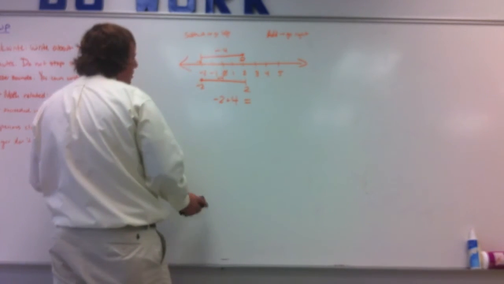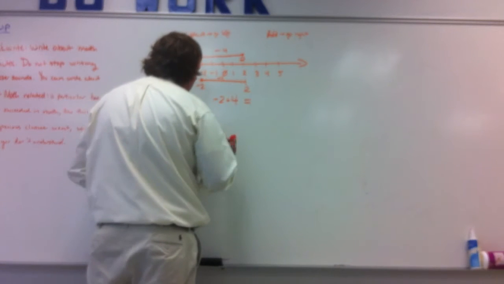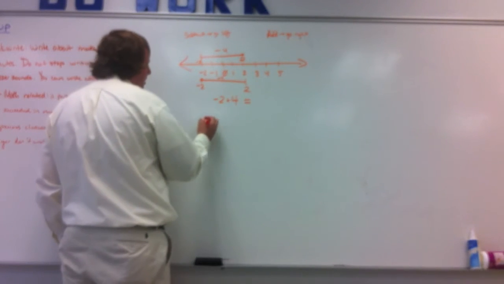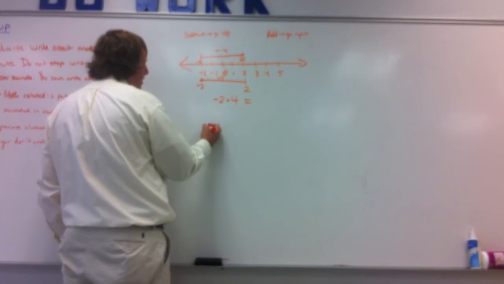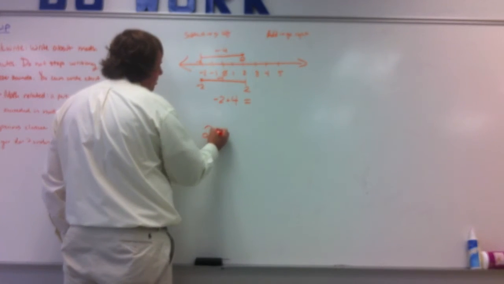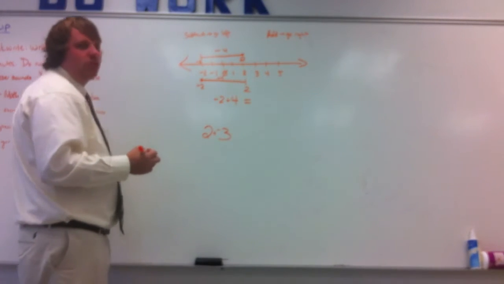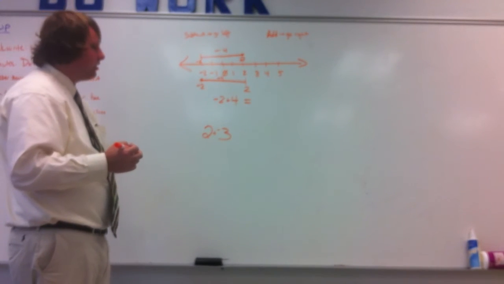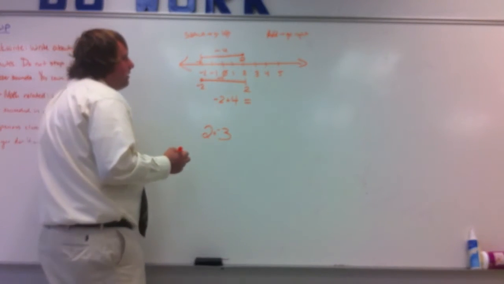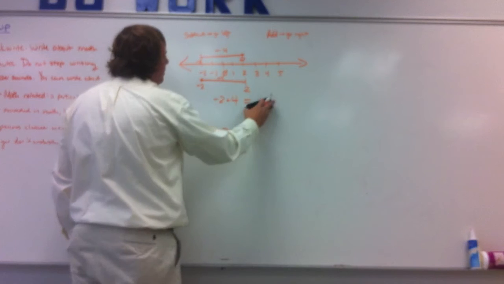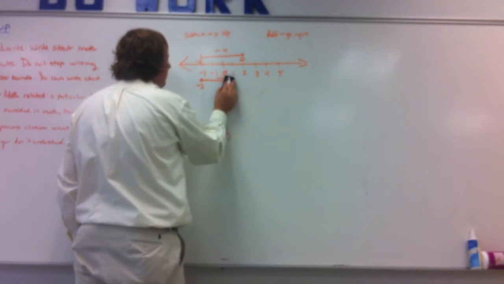Now, it gets kind of tricky when we get to what I like to call double signs. Not proper nomenclature, but it works. When we have something like 2 plus a negative 3, this is where a lot of students get confused. Let me erase some of the clutter here so we don't get confused by previous work.